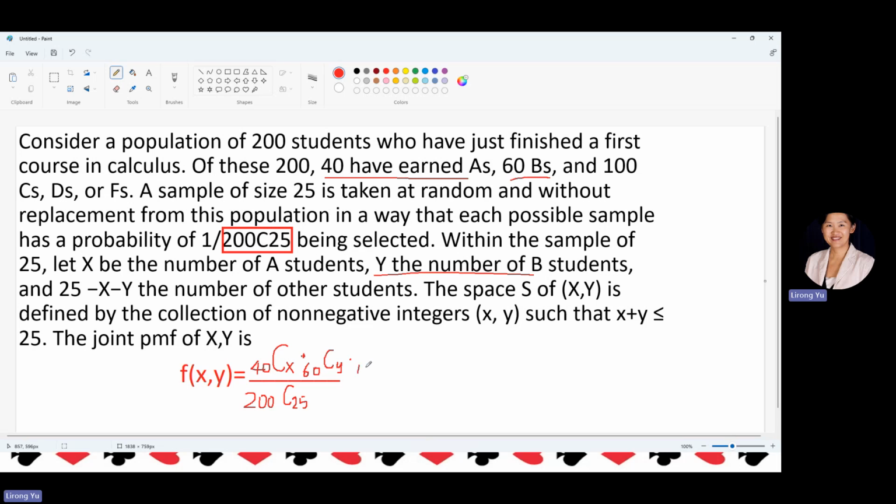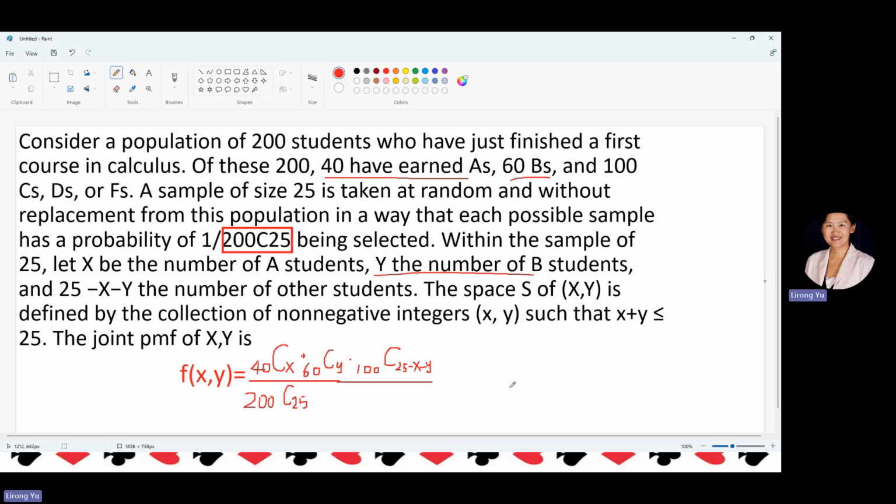So we have 100 choose 25 minus X minus Y. So that's how it is. Any question?